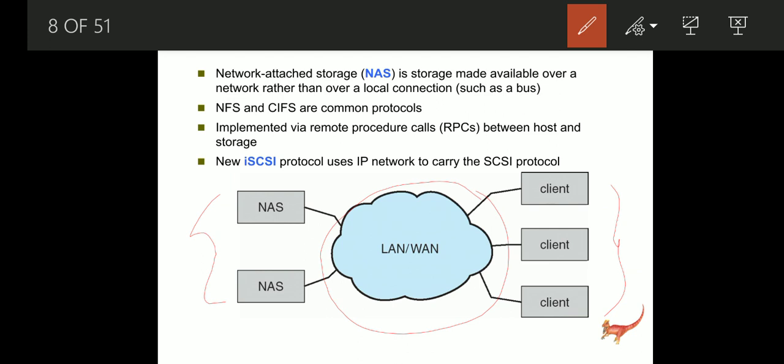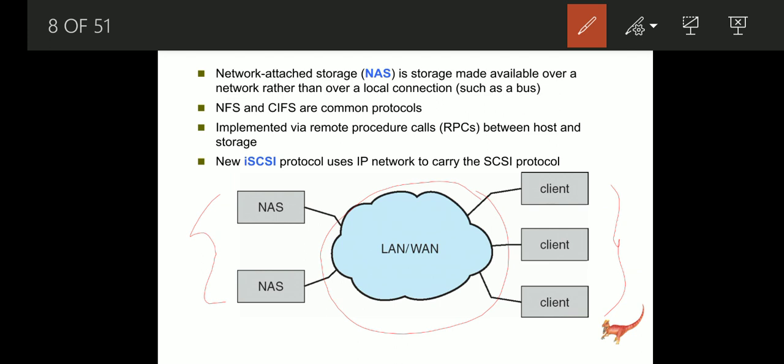And these NAS units are usually implemented as a RAID array with software that implements an RPC interface. It also uses the latest technology, which is called iSCSI, that is, Internet Small Computer System Interface.